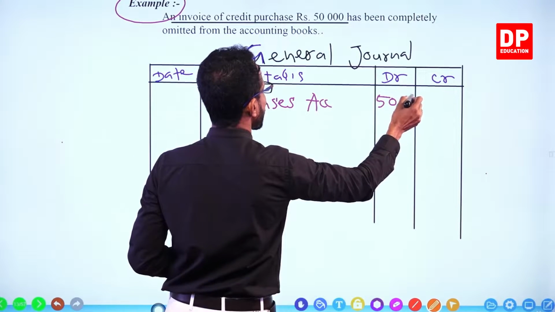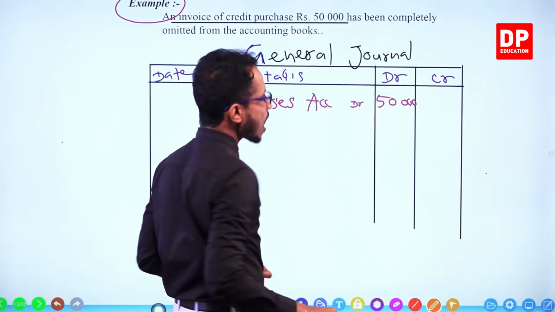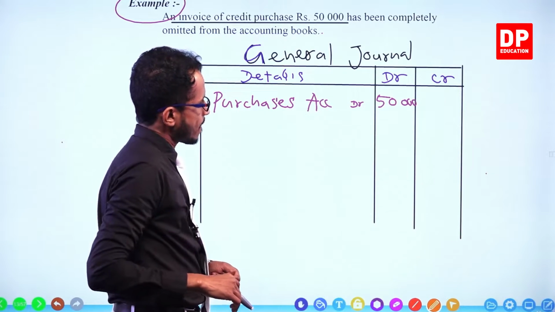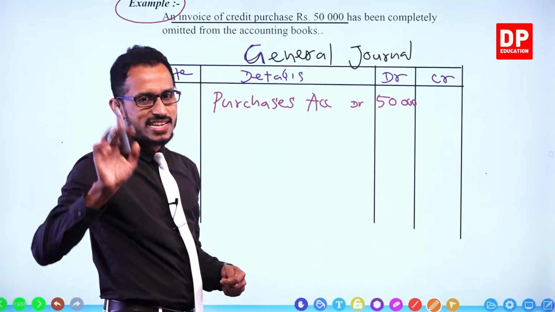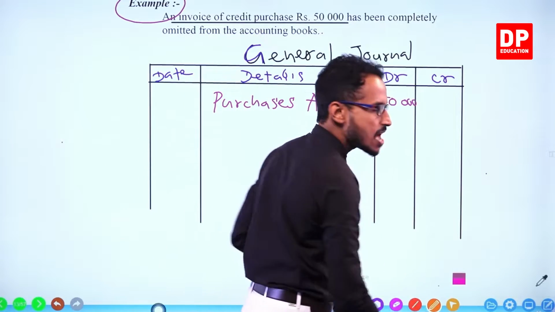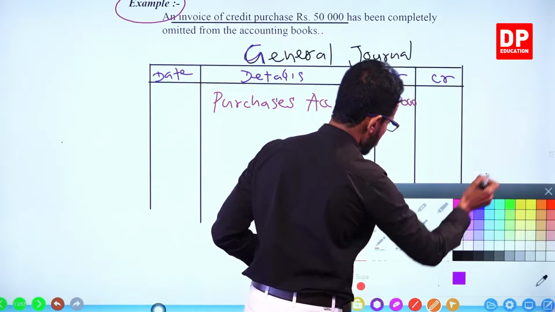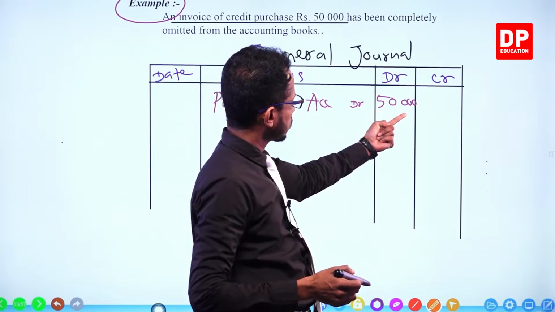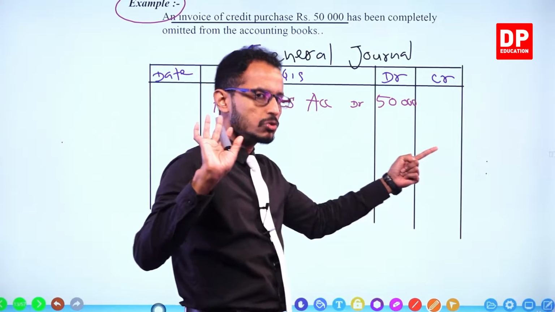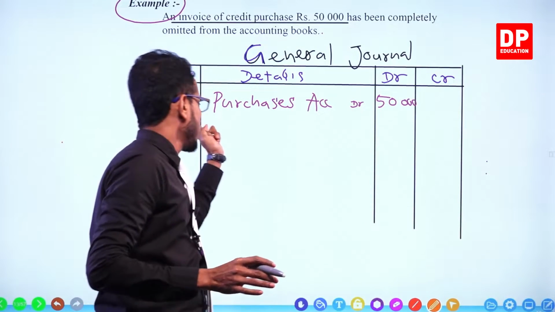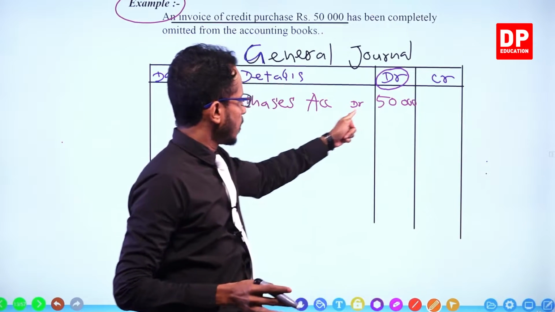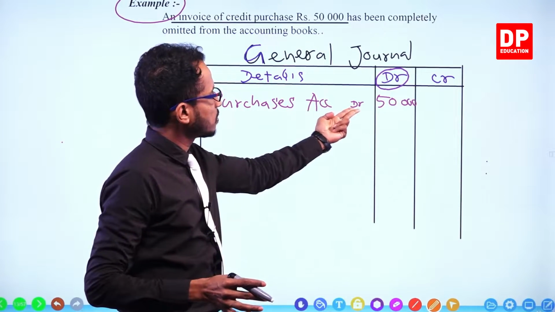50,000. And there's a tradition of putting DR for debit entries, but for credit entries you don't put the CR. For purchases account or for any other account, if the account is debited, that entry should be on top.